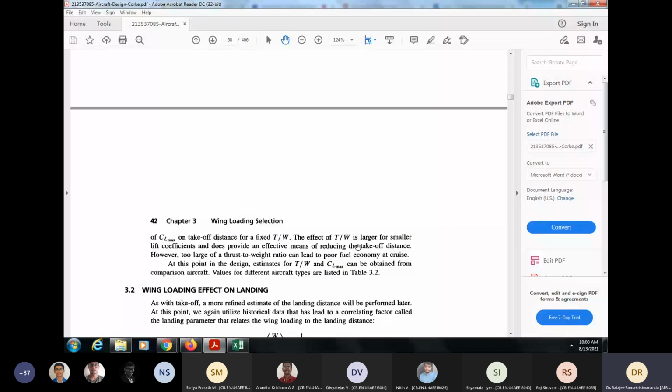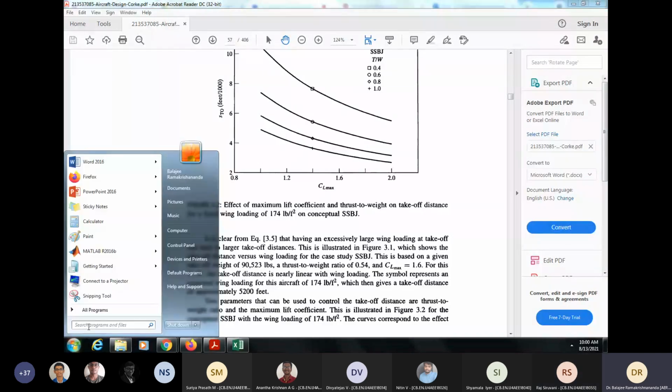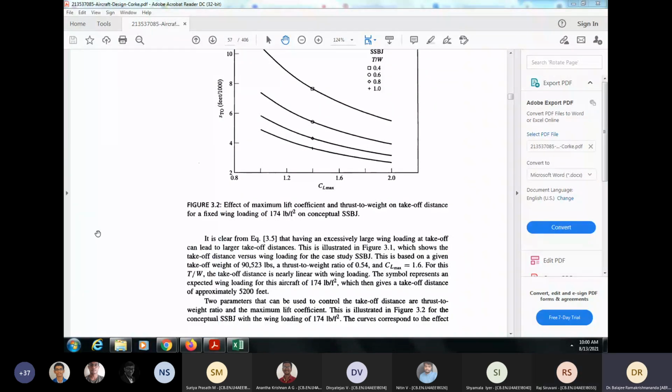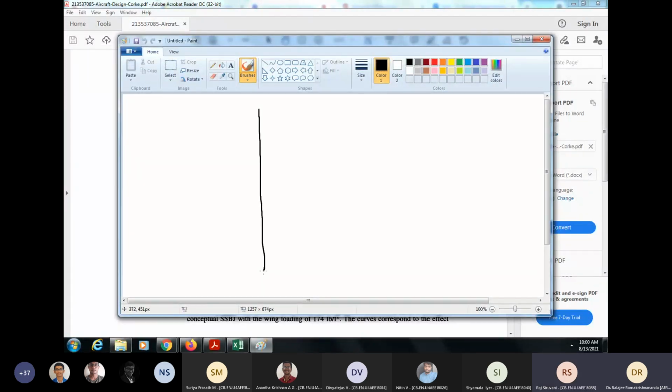Instead, I want you to plot the same thing: wing loading on the x-axis and T by W on the y-axis.